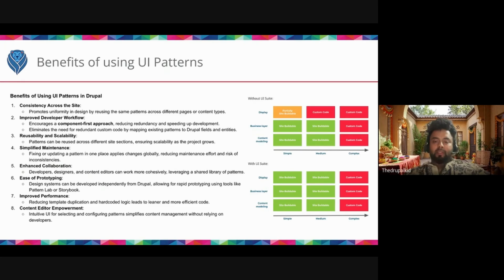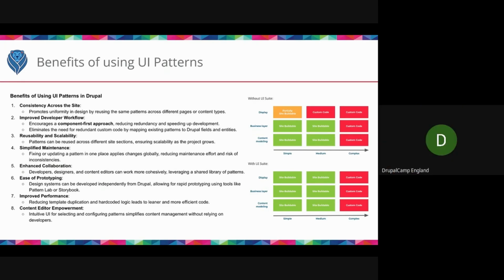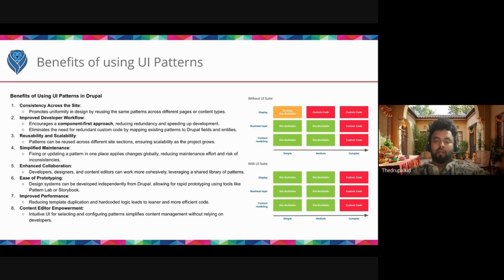And if you see the business layer also, it covers a lot of areas if you use UI Suite, and it brings a lot of reusability, right? It also brings the developer workflow. In Storybook they have a defined workflow.